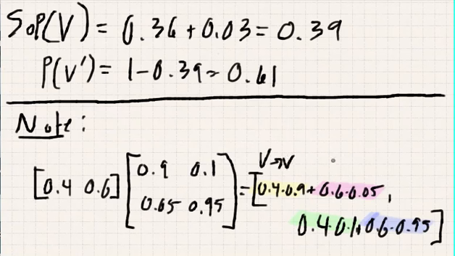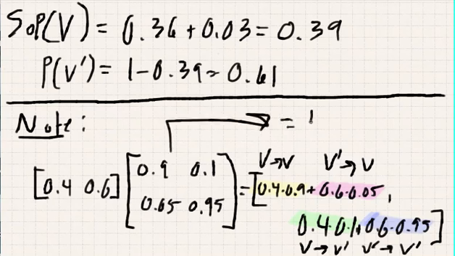This is Verizon to Verizon, this is not Verizon to Verizon, this is Verizon to not Verizon, and this is not Verizon to not Verizon. So in fact, this probability here is precisely this one. This is the 0.36, this is the 0.03, and these will correspond to people who stick with, or don't go to Verizon. So in any case, doing the arithmetic, I get 0.39 and 0.61.